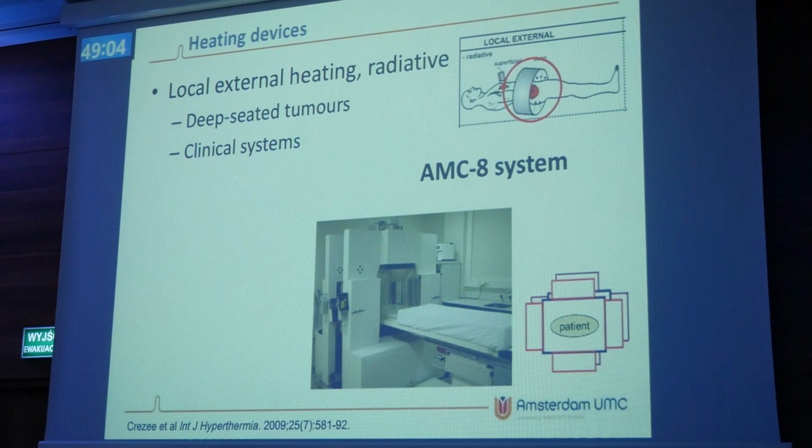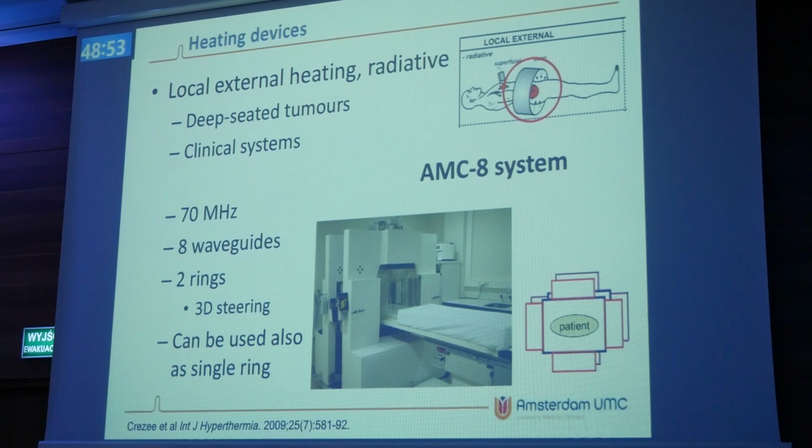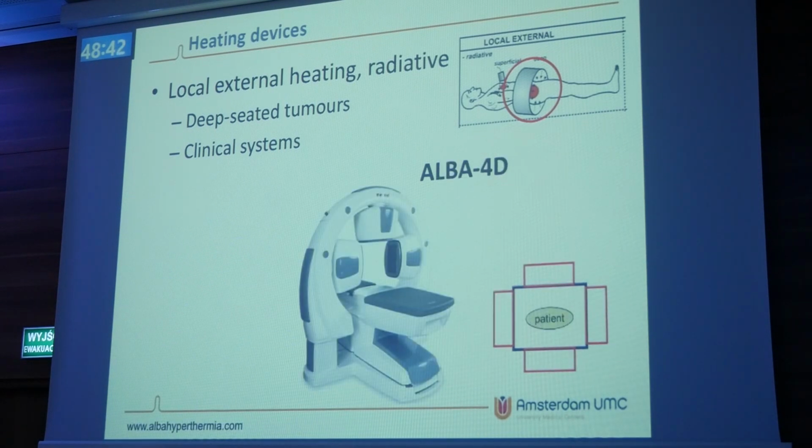At our institute, we had our in-house developed system, the AMC H system, using 2 rings with in total 8 waveguides, and we can also use that as a single ring if the patient is not very long. Then 2 rings is way too much for those patients. Recently, last year, the Alba 4D system came on the market, which is basically 1 ring of the AMC H system.